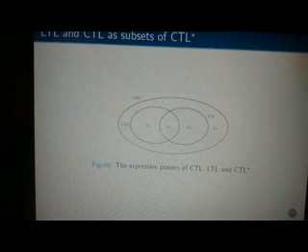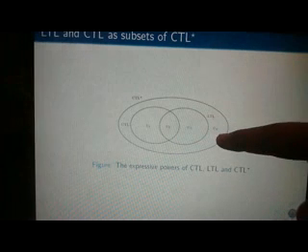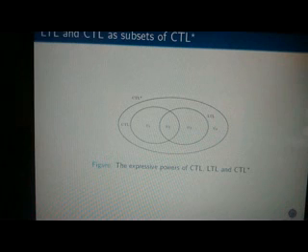Thus, LTL can be viewed as a subset of CTL star. CTL is also a subset of CTL star, since it is the fragment of CTL star in which we restrict the form of path formulas too. So in the diagram, the relationship among the expressive power of CTL, LTL and CTL star, the characteristics of CTL and LTL are combined in CTL star.